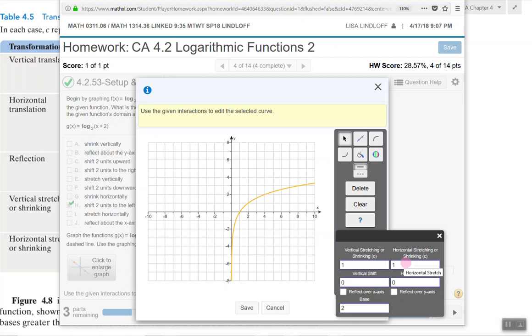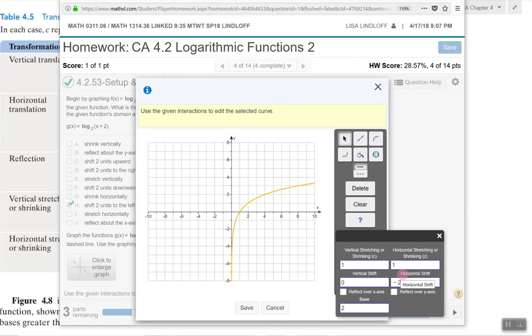I do have a horizontal shift, a horizontal shift to the left 2, so I will put -2.